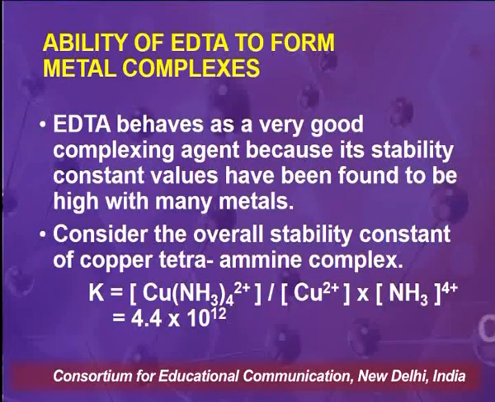EDTA behaves as a very good complexing agent because its stability constant values have been found to be high with many metals. Considering the overall stability constant, if we compare the formation of EDTA metal complexes with copper metal complexes, the overall stability constant of the copper tetramine complex is 4.4 into 10 raised to power 12.